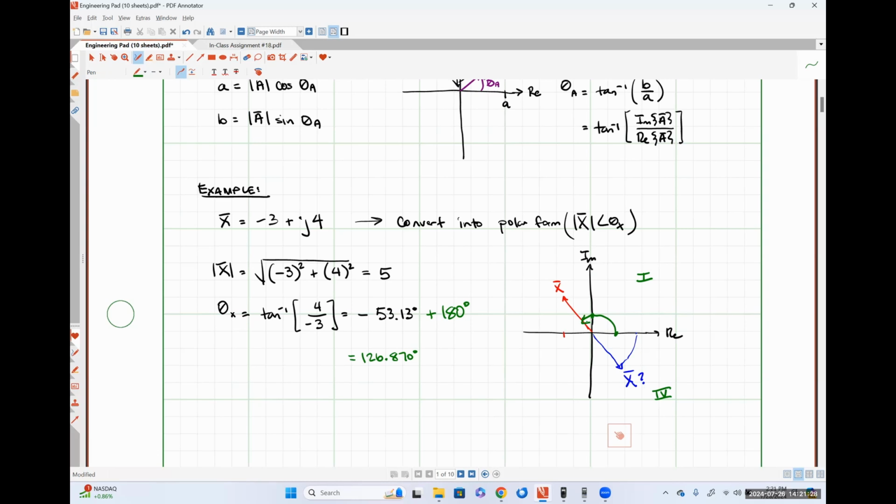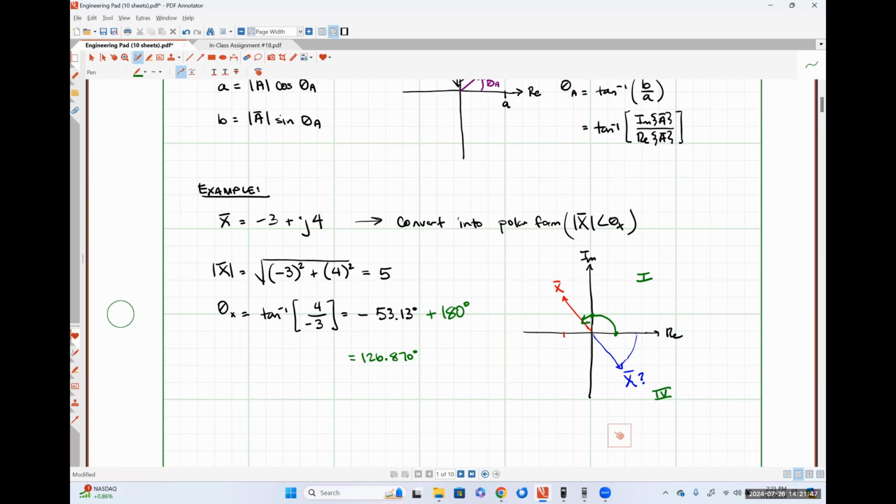But the calculators that I've suggested for this class, in particular, the TI-36X, the Casio 115, and the Casio 991, all have a mode that does this for us automatically.